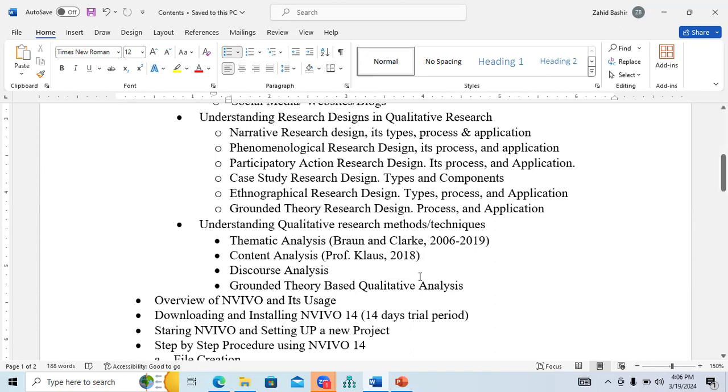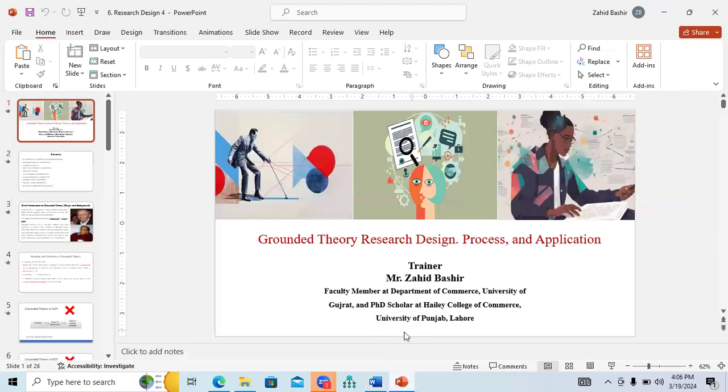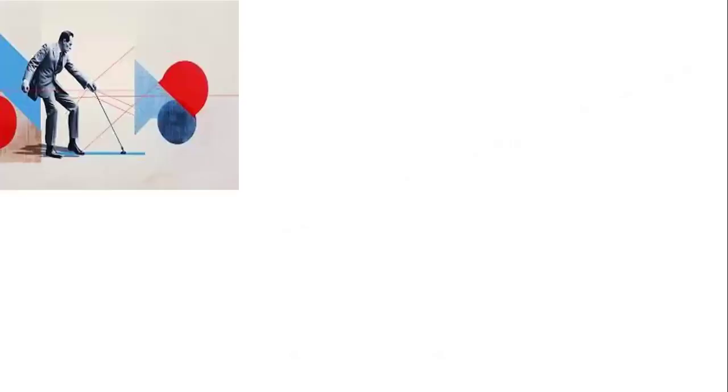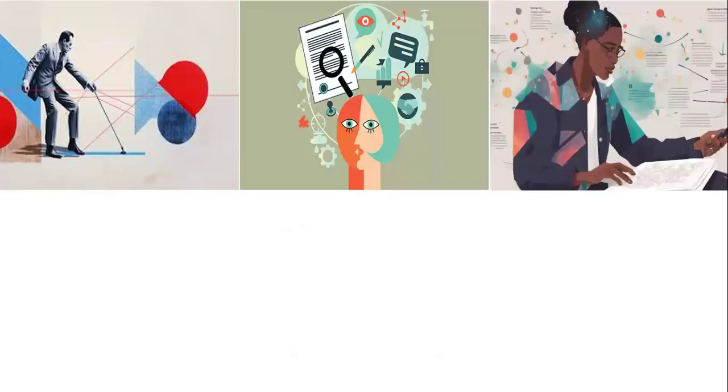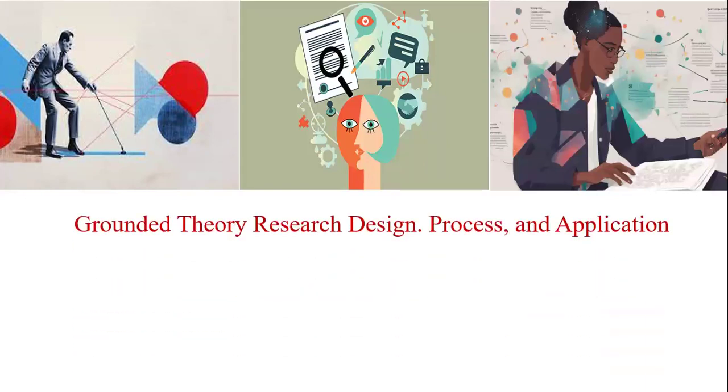So let's start with the grounded theory research approach, what it is, and how we follow this approach as a qualitative research design. Grounded theory is basically the process of generating a theory based on the data. So it follows the inductive reasoning approach.